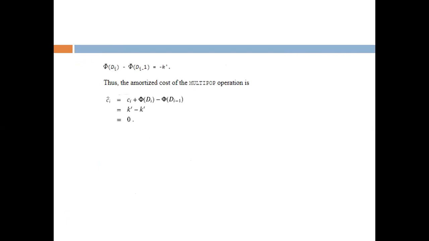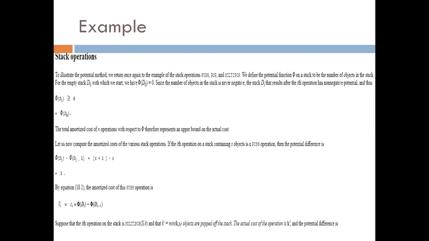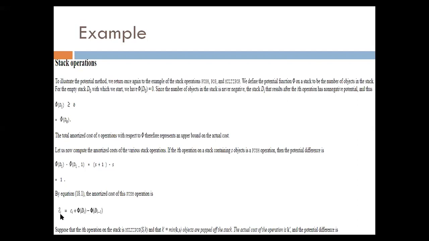Now we have to find the amortized cost of the pop function. In the second method we assigned amortized cost 0 for pop, and the actual cost was 1. Now suppose in a stack there are 5 elements, and we want to perform the pop operation. Before pop there are 5 elements, so the size of the stack is 5. The pop function removes the topmost element.